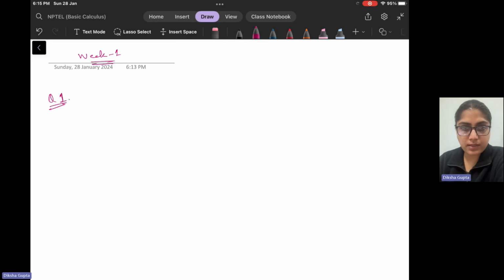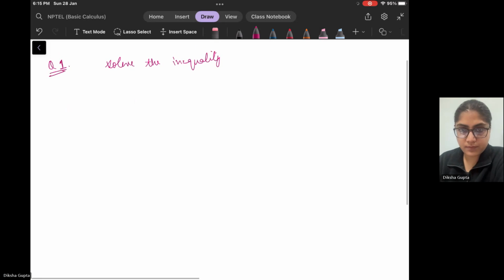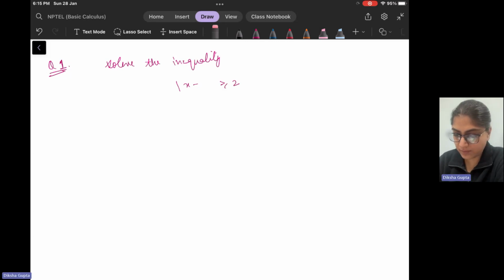solve the inequality. So you have to solve this inequality. Solving this inequality means you have to find the value of x.